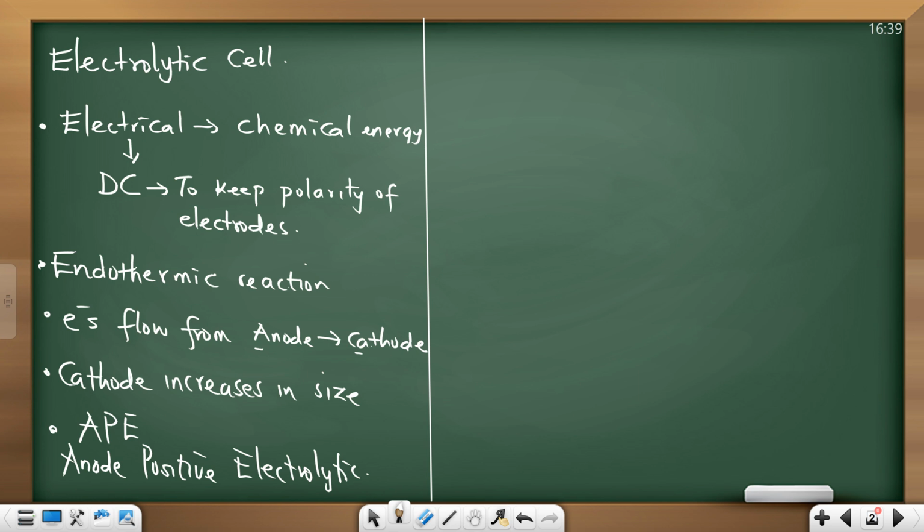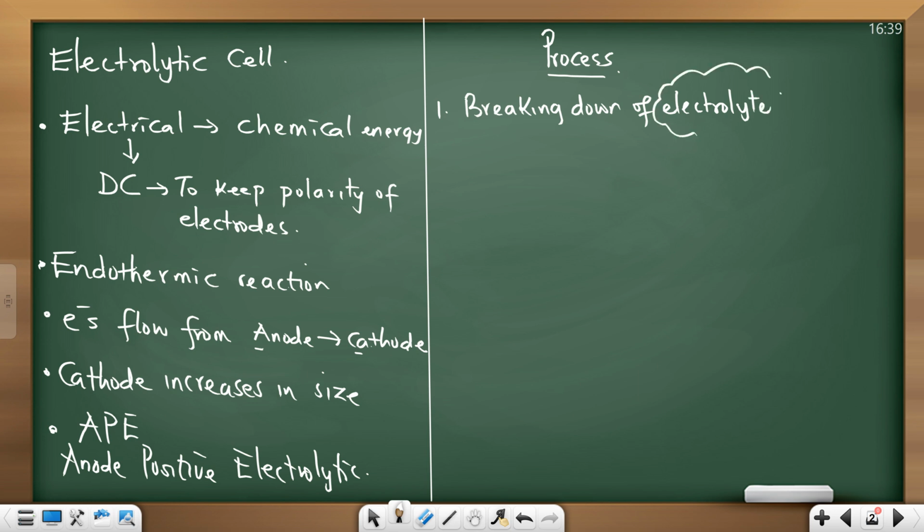We have the processes of electrolysis. Look, throughout all the cells, the process is only 3 steps. Number 1, the breaking down of the electrolyte.